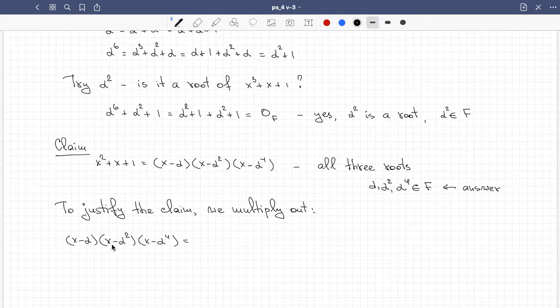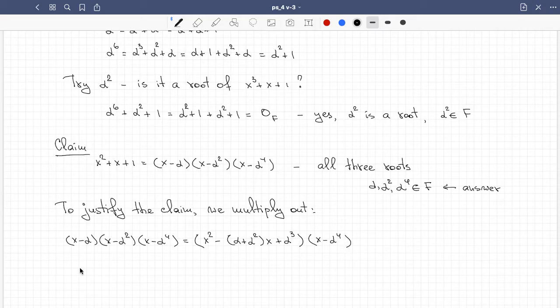I multiply first the first 2: x squared minus alpha plus alpha squared, x plus alpha cubed, times x minus alpha to the 4.